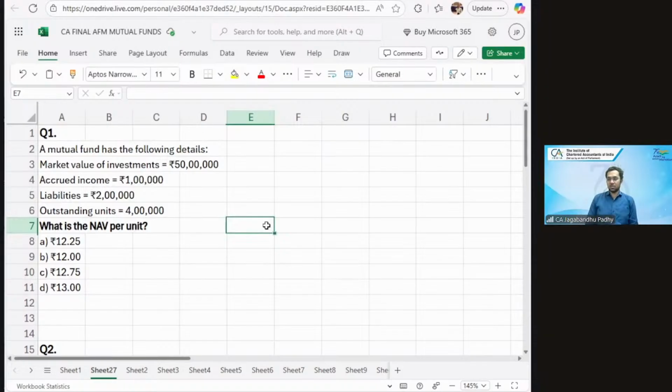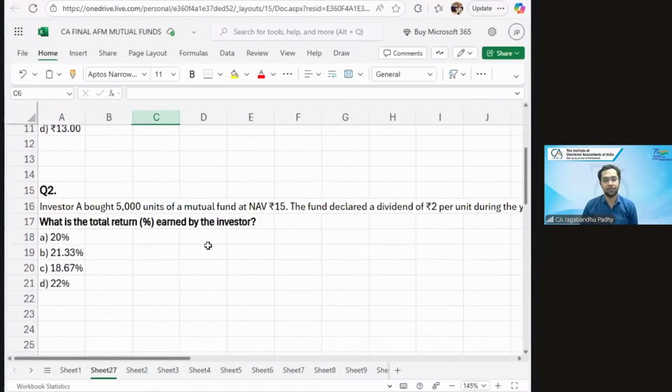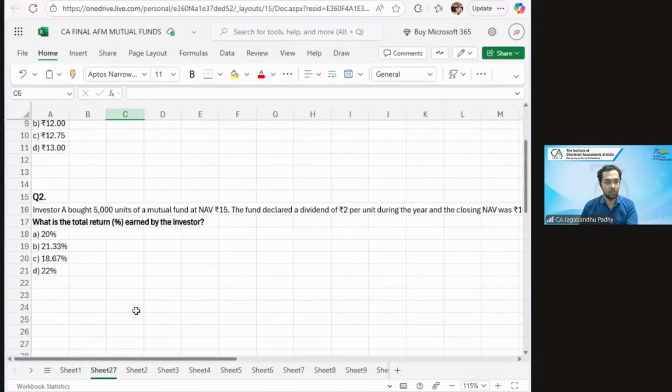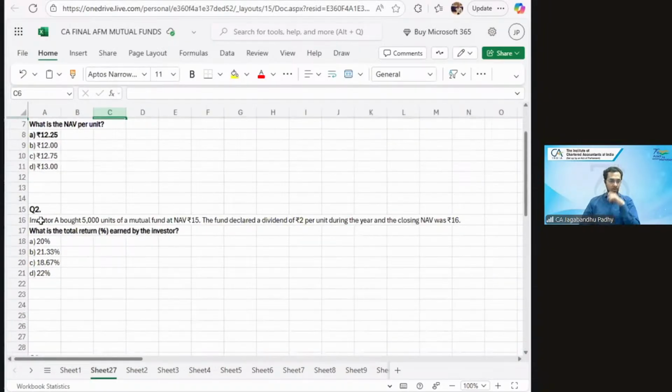What's the answer to the first question? 12.25. Yes. So it will be like 50 lakh plus 1 lakh minus 2 lakh divided by 4 lakh. Perfect. Try out question 2.